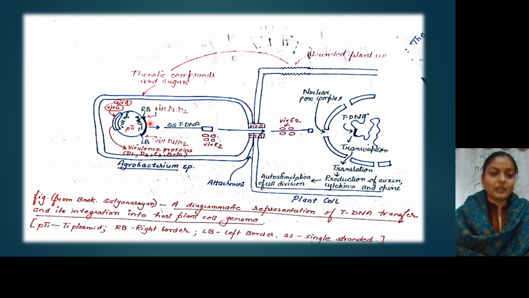They are responsible for the production of the single-stranded copy, which is capped by the D2, and together with this the B1 which is formed here is responsible for making the transport apparatus between the Agrobacterium and the plant cell.